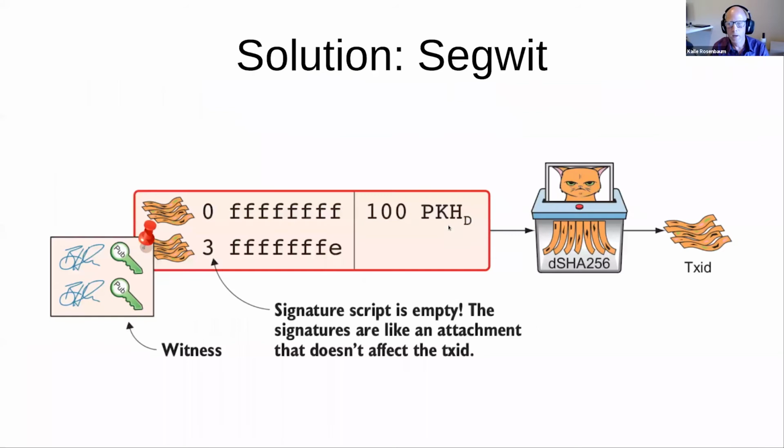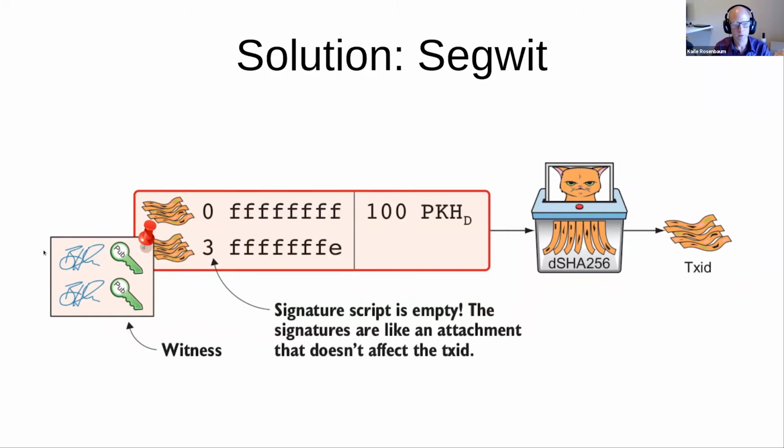So the solution to all the above problems is segregated witness. The general idea is that you take the data that was previously in the signature scripts, you take that data out of the signature scripts and you put it in a separate data structure called the witness, like this.